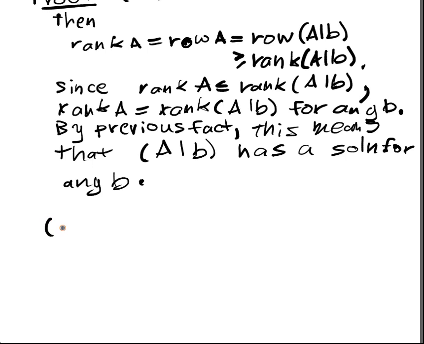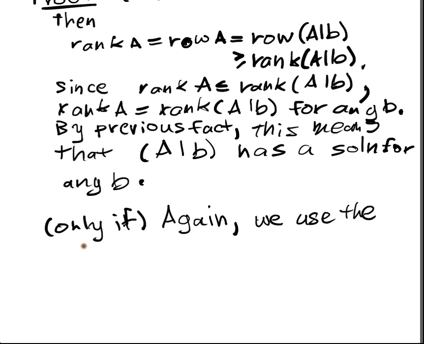Now we have to tackle the only if part. And again, what we're going to do is prove the contrapositive. Go look that up, and you might also call this flip and negate.